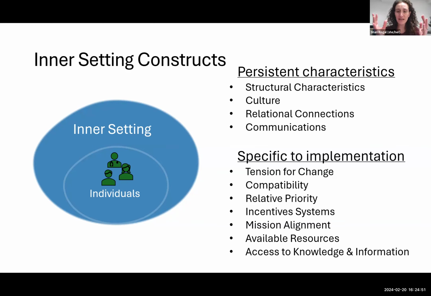So keeping that in mind, you can imagine that the tension for change, the compatibility, the relative priority, incentive systems, and mission alignment may be different for those different implementation efforts. Whereas again, some of the relational connections and communication are more persistent and inherent in the inner setting and may stay the same over time. We also ask about available resources and then access to knowledge and information.